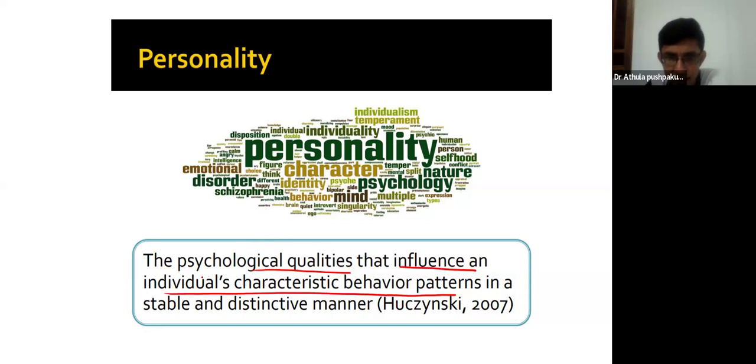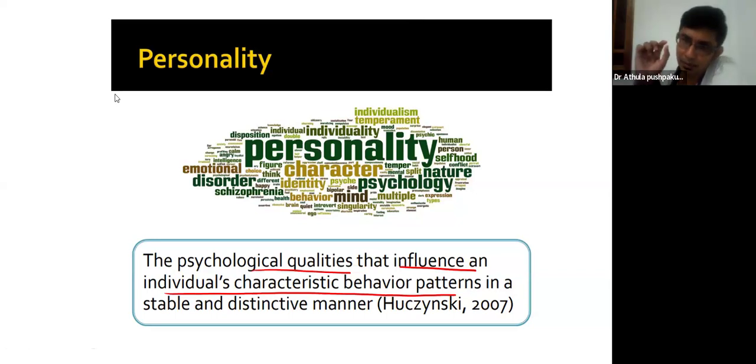Influence for the individual characteristics of the behavior, right? The different personality may impact the behavior. Please think about the education system in Sri Lanka, right?